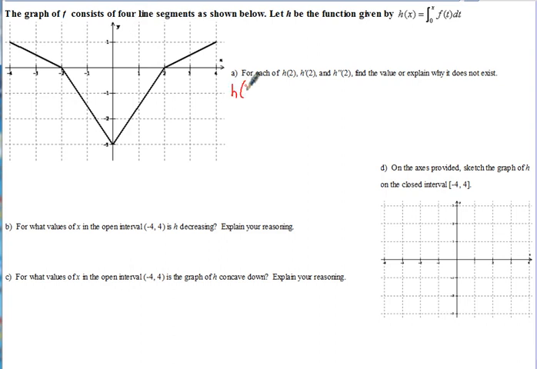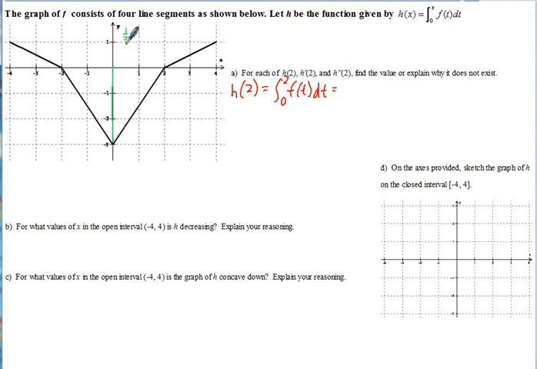For h of 2, all we need to do is substitute in the 2 for the x, so it'll be the integral from 0 to 2 of f of t dt. And again, we have the graph of f of t right here. So we want to go from 0 to 2, so that would be the area of this triangle right here.